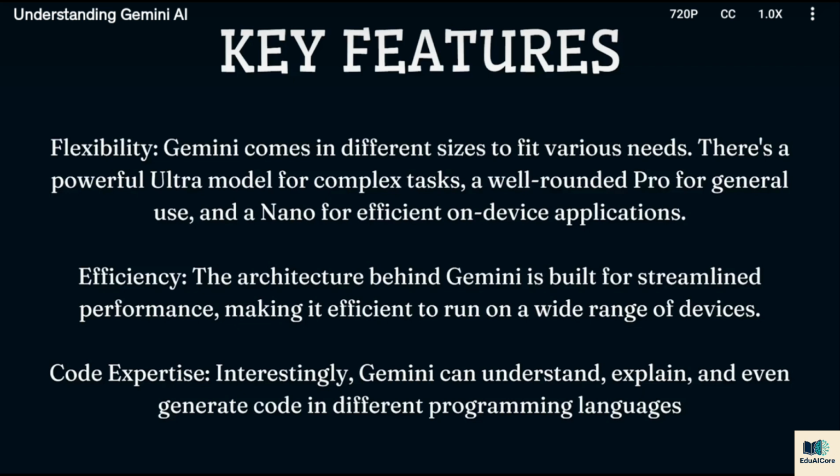There is also a well-rounded Pro for general usage, and if you have any work for efficient on-device applications, Nano is available. So if you want to do some powerful task, you can use the Ultra model. If the task is moderate, you can use the well-rounded Pro, and for small work, you can go with the Nano one as well.